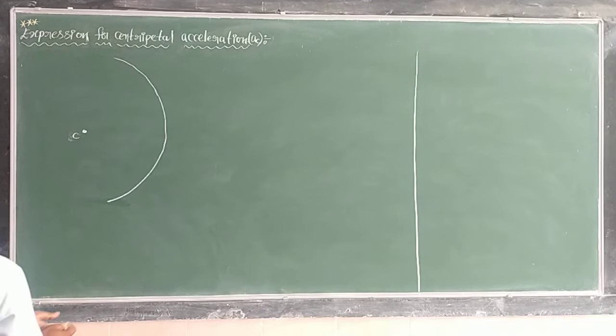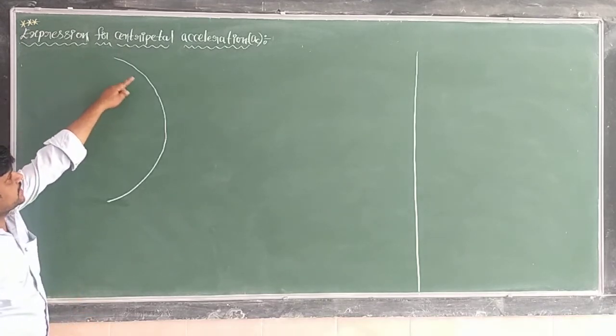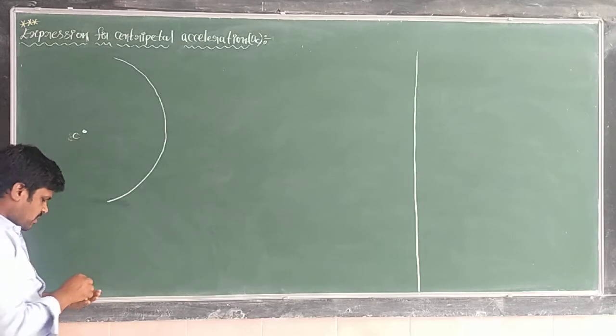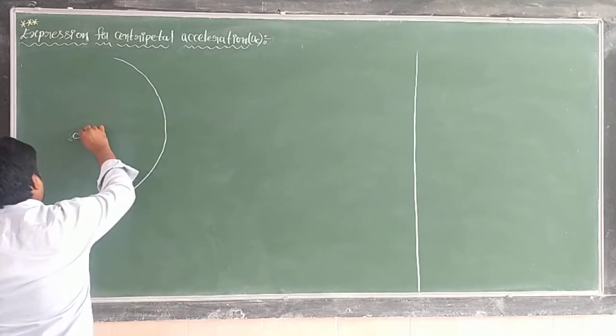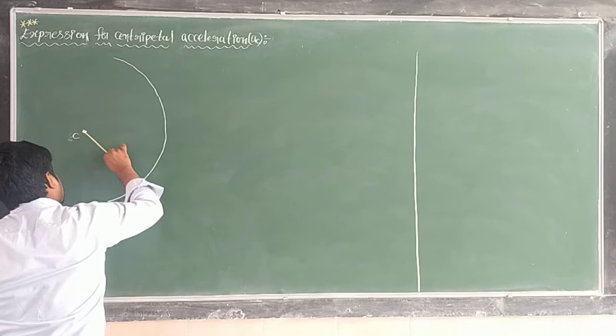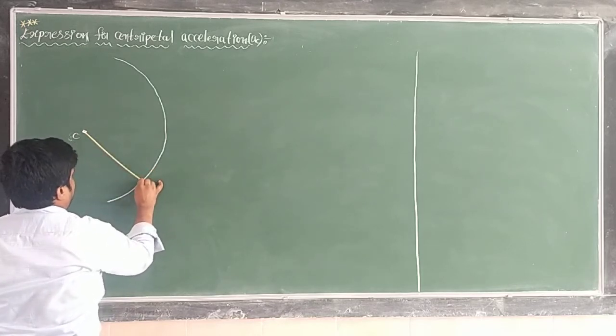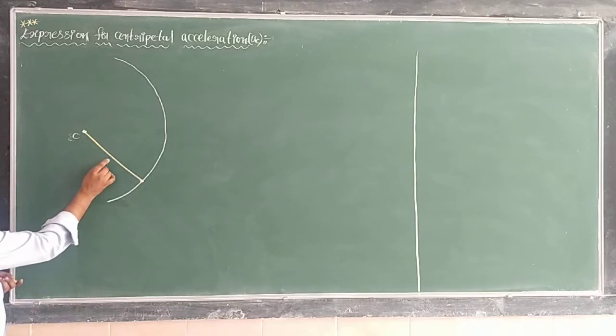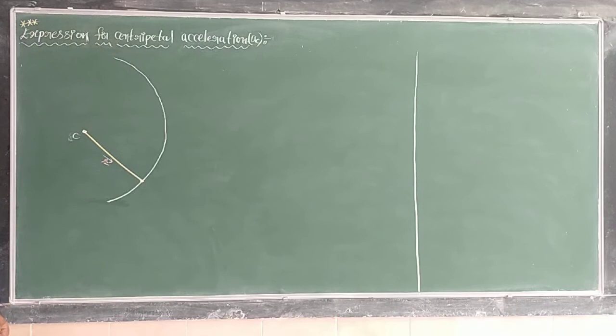To do this, I have taken a circular path. This is the center of the circular path, and there is an object on it. The position vector of the object is r bar, the radius vector of the object in the circular path.